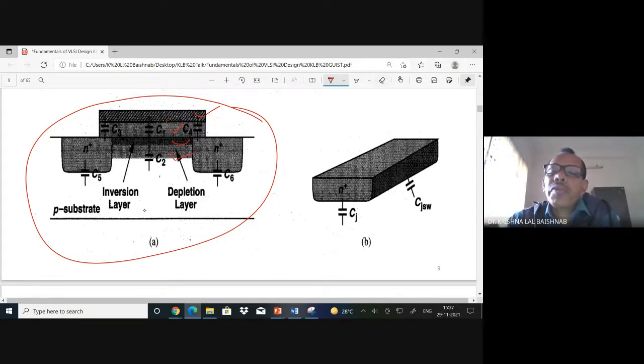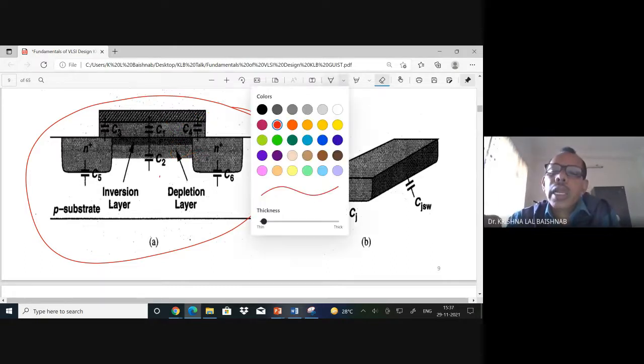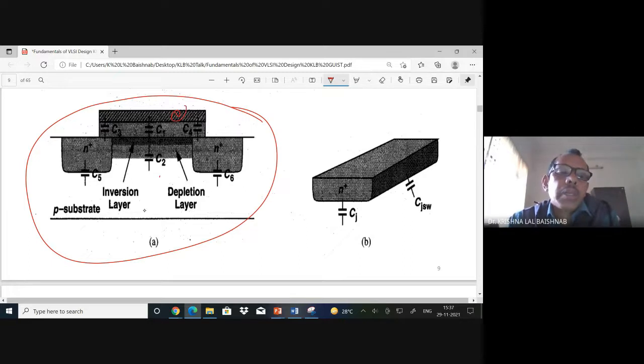If I divide the region, I can have region 1, region 2, region 3, region 4. So we have studied parallel capacitance in our class.